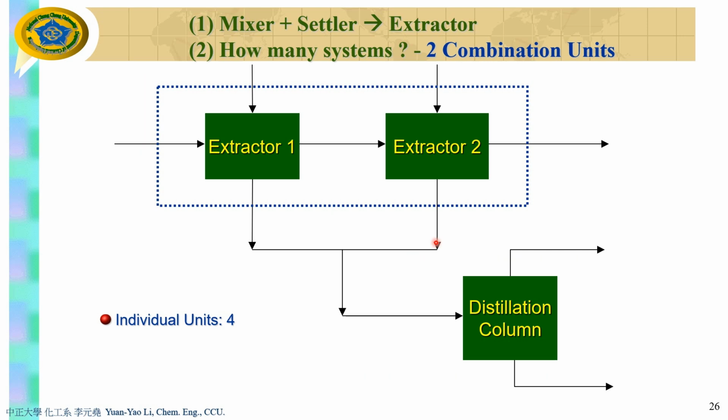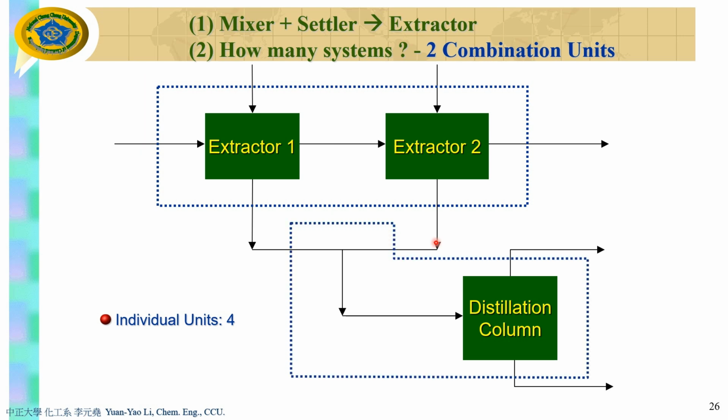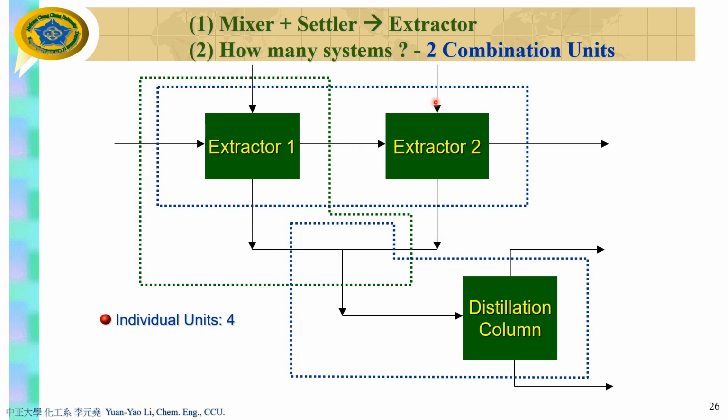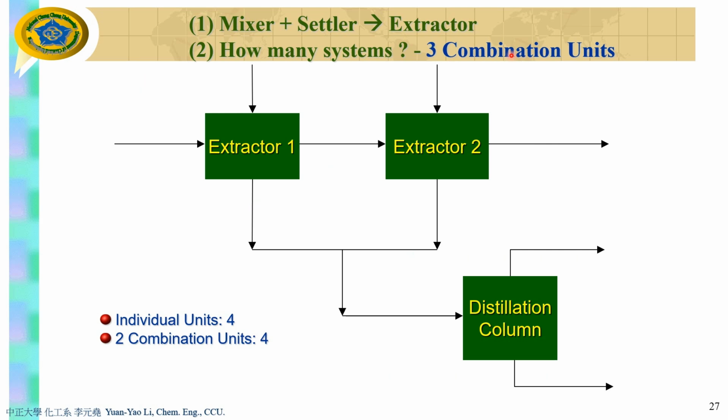Again, let me show you one more time. 1, 2, right? 3, and 4 is here. So you have 4 2-combination unit systems. So how many 3 combination unit systems? How many? 1, 2, 3. How many? 3, right? Okay.